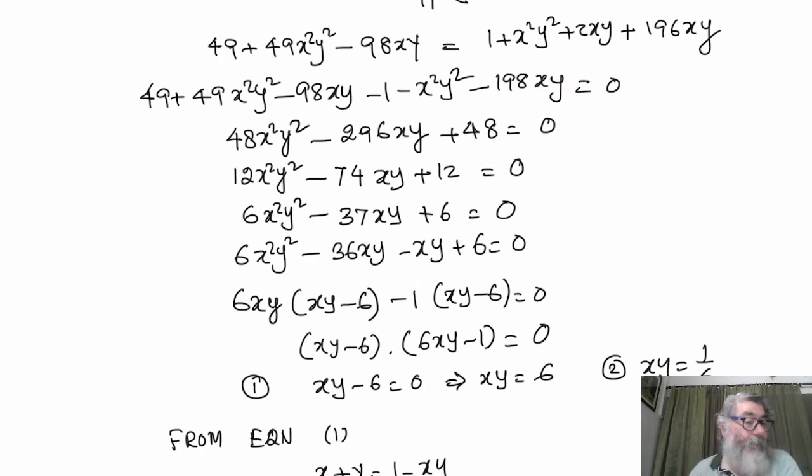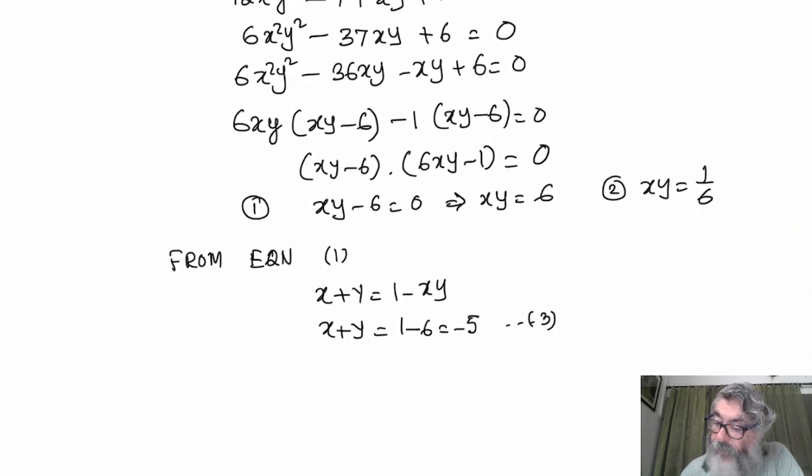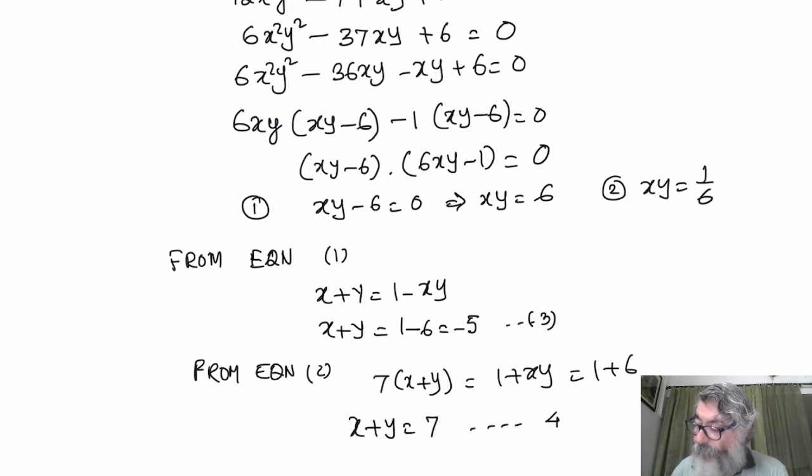And in the second case, it was 7(x minus y) is equal to 1 plus xy. From equation 2, 7(x minus y) was equal to 1 plus xy, and 1 plus xy is 7.